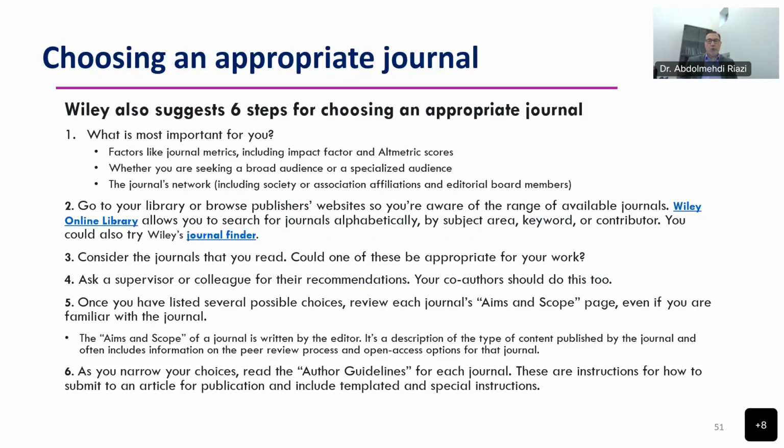If you go to Routledge, again, you will see similar things. But because I found this more relevant to our discussion today, Wiley suggests 6 steps for choosing an appropriate journal. And as you will see, there are some overlaps with what Pat Thompson was recommending as well.